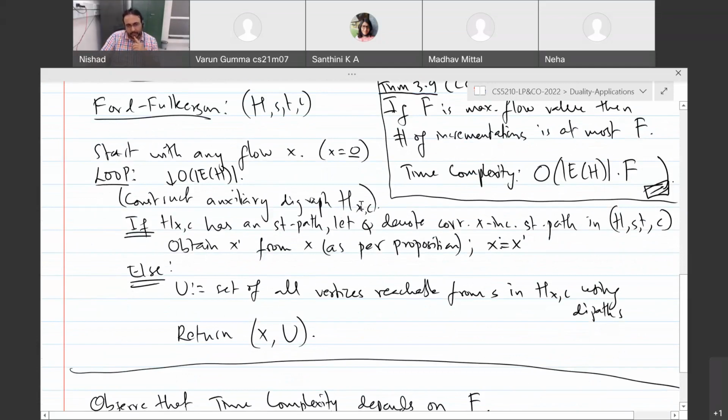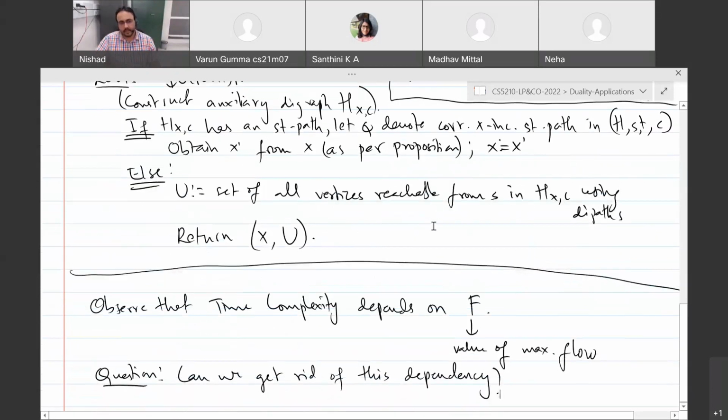Okay? So that will correspond to a shortest X incrementing ST path in the original instance. And if you always choose shortest paths, then you need some analysis. The analysis is the difficult part. The algorithm is very easy, but there is an analysis that shows that now the time complexity will not depend on capital F anymore. It will depend simply on the number of edges and the number of vertices. And that is called the Edmonds-Karp algorithm.